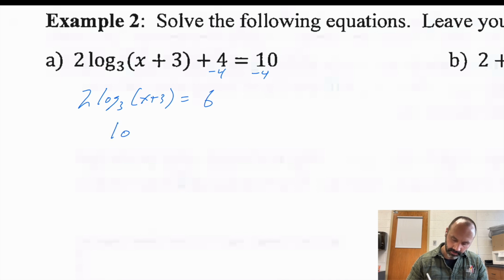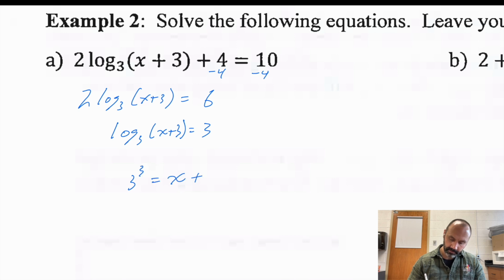Divide by 2, so log base 3 of x plus 3 equals 3. So this is 3 to the third power equals x plus 3. So I'm going to subtract 3 from both sides. So 3 to the third power is 27, but 27 minus 3 is 24.